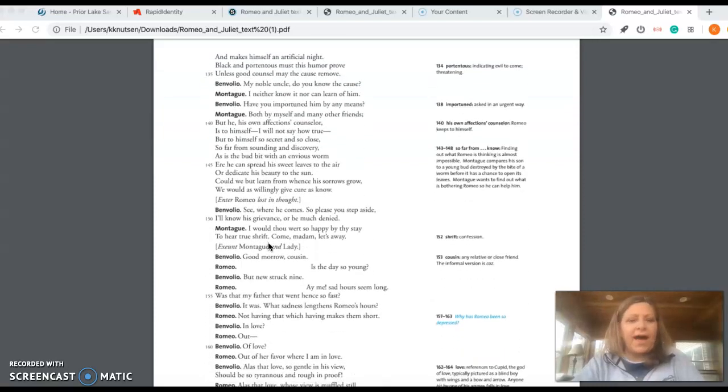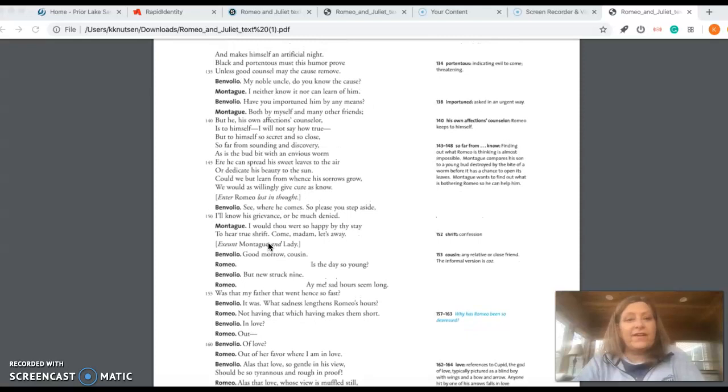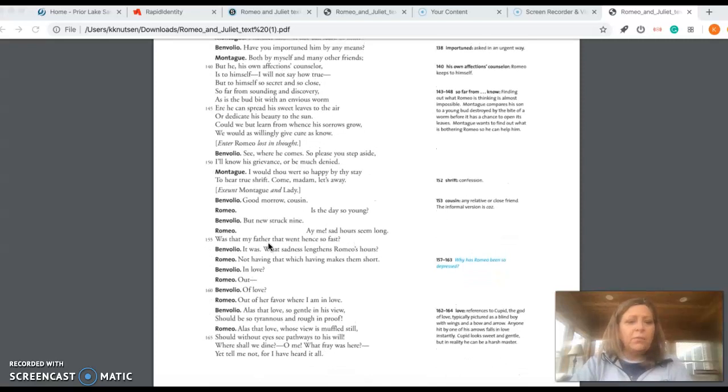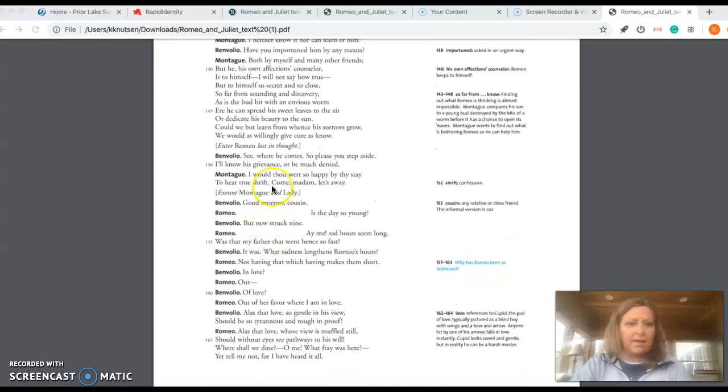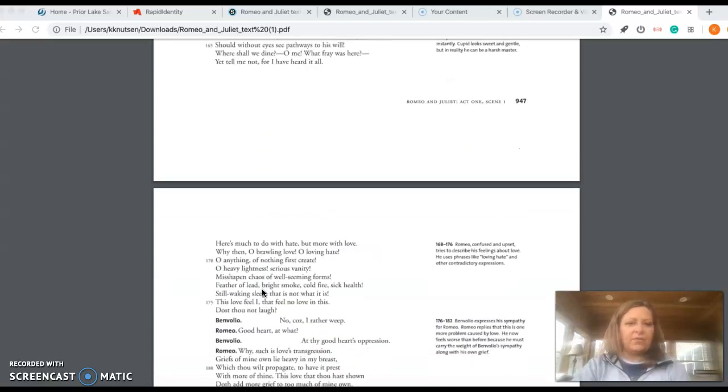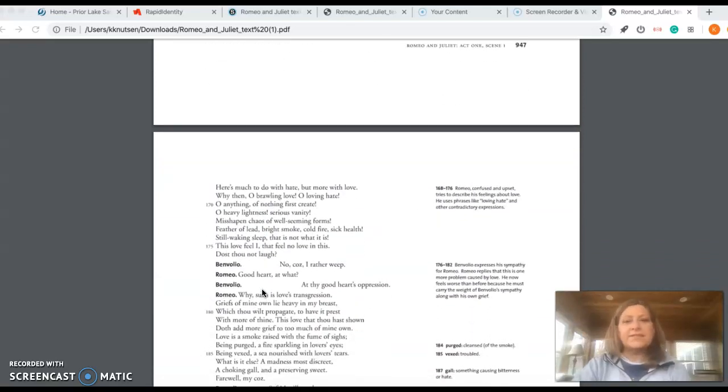Basically, Montague asks Benvolio to see if he can figure out what's wrong. Benvolio says, "I got it. If you guys go away, I'll talk to Romeo. Here he comes." Okay. So in walks Romeo, and you're going to read all of this, and you're going to find out that Romeo is upset. He's heartsick. He's lovesick.